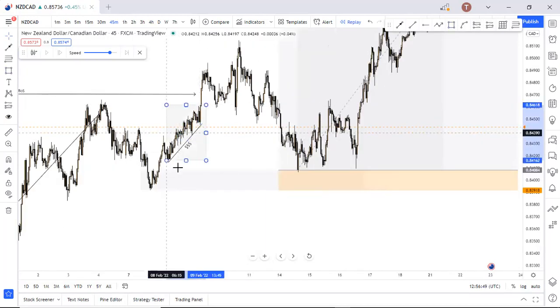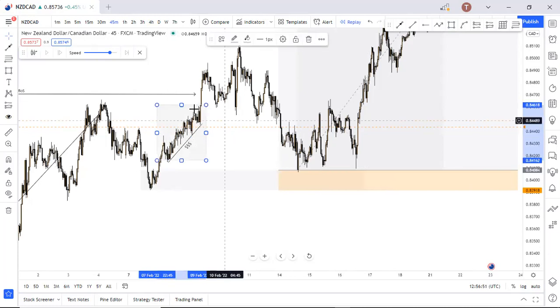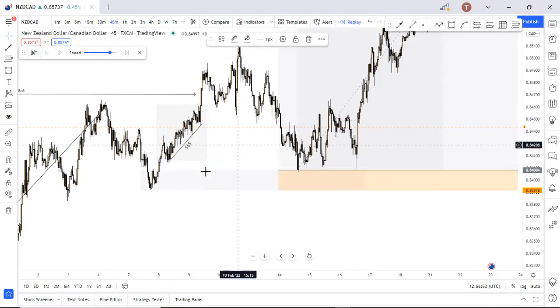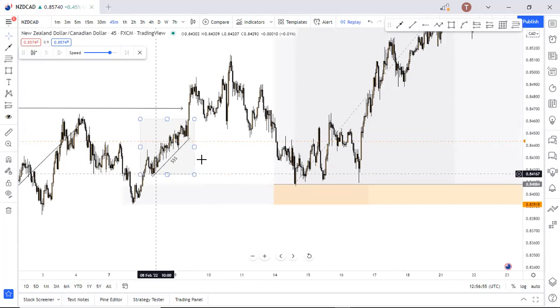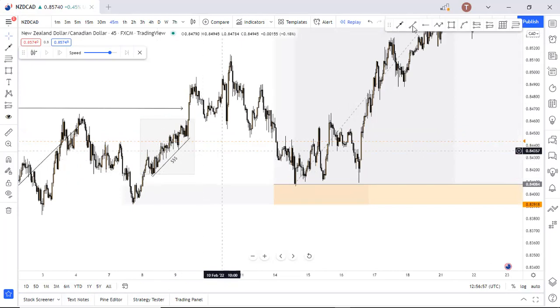So definitely people who were buying this pair, most of their stop loss will be below at this area. And as we know, markets will tend to go to areas where we have liquidity in the market. So this was a liquidity zone, and we had this 1 hour demand right here.